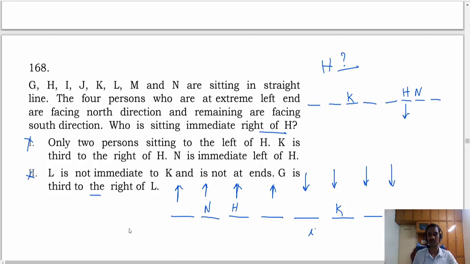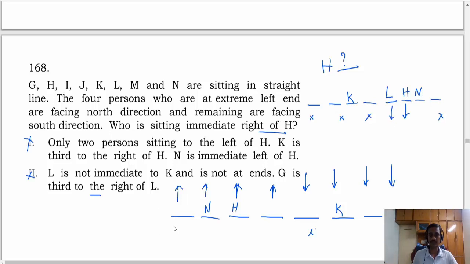Then by combining these two. Now see whether combining these two gives the answer. L is not an immediate neighbor of K, so L cannot be here, cannot be here. And is not at the ends. So L cannot be in 1, 2, 3, 4, 5, 6, 7. Hence L must be here. Wherever L is, L is facing towards south.